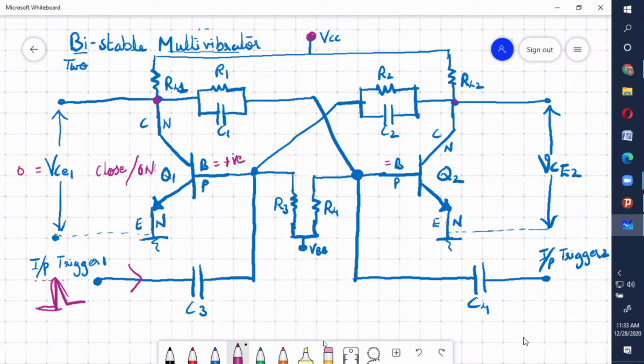Here you said 0, and that 0 is also being transferred to the base of Q2. So what value is the Q2 base receiving, students? This collector value is 0, and this collector is also connected to this point. Then this base value is how much?